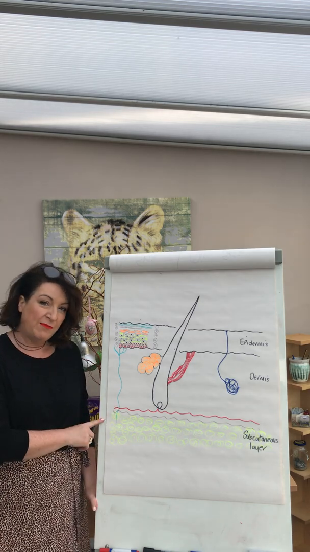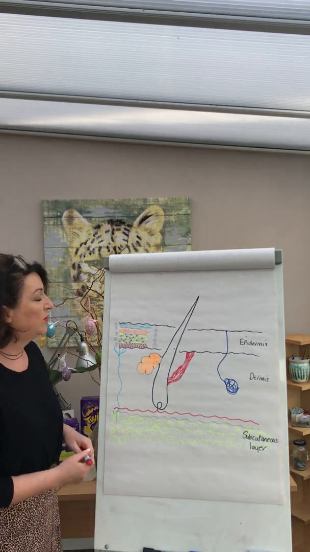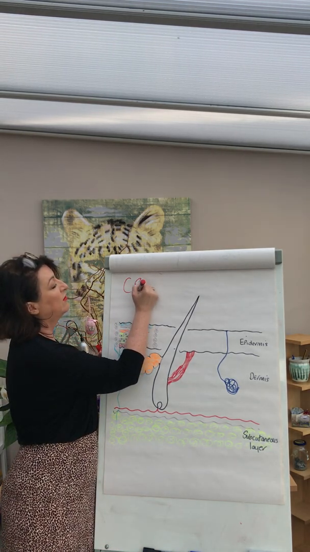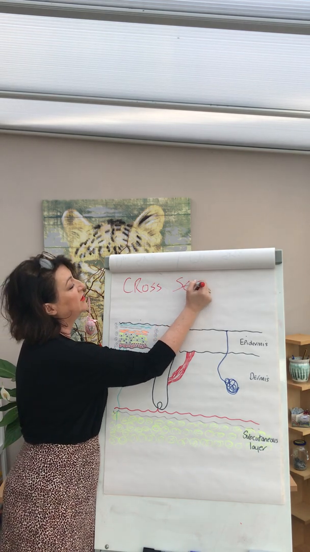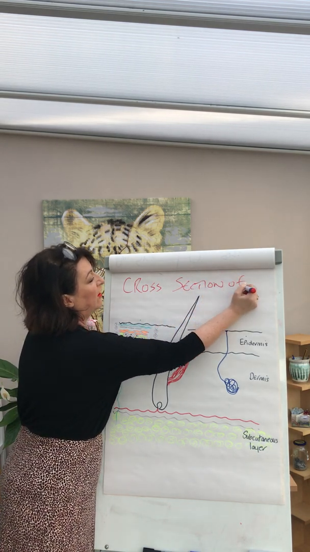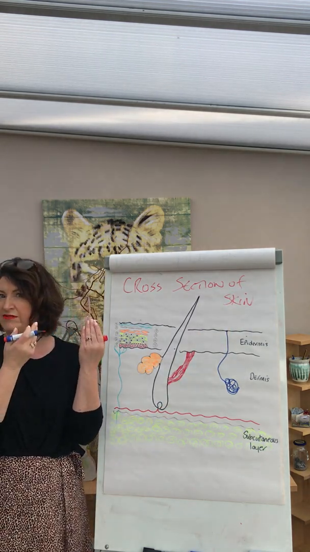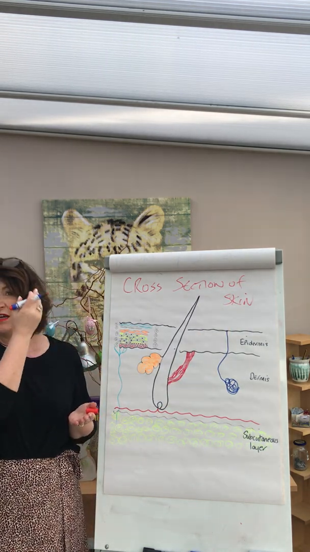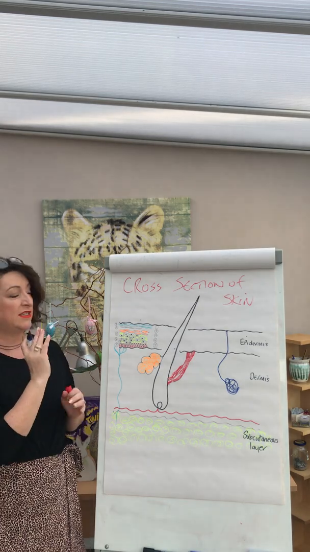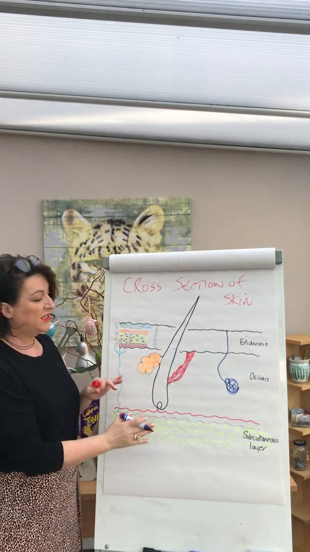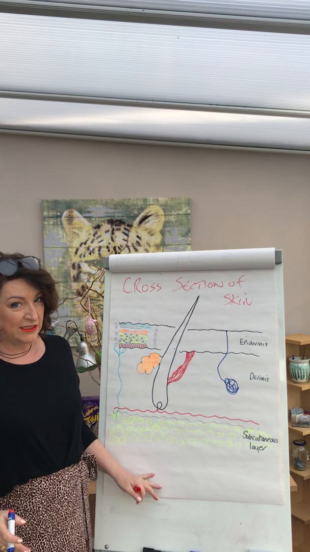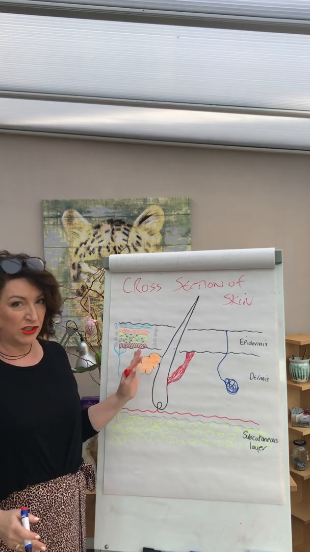So this is a very simplified version. We'll call it a cross section of skin. So if we were to take a piece of our skin, slice it down the side and look right into it at that angle, this is a very simplified picture of what you would see.